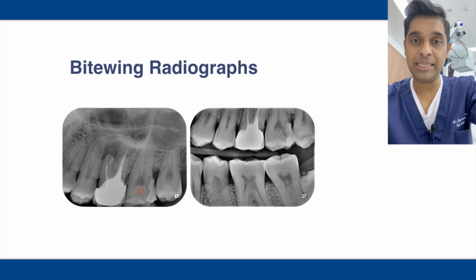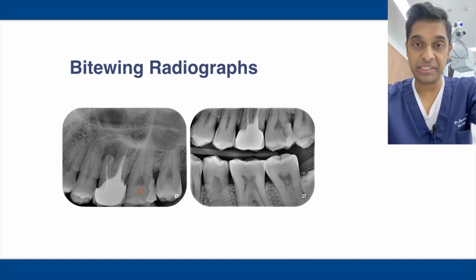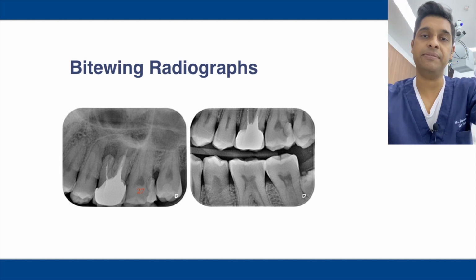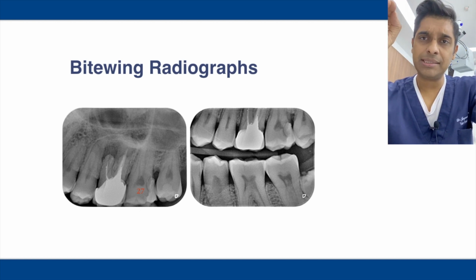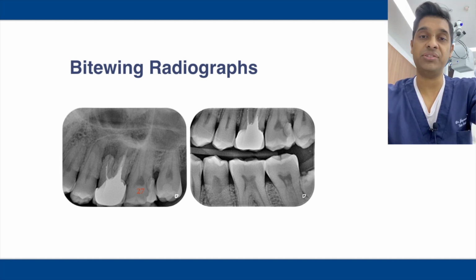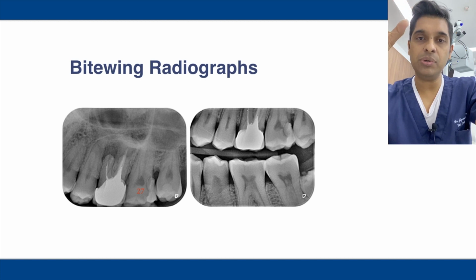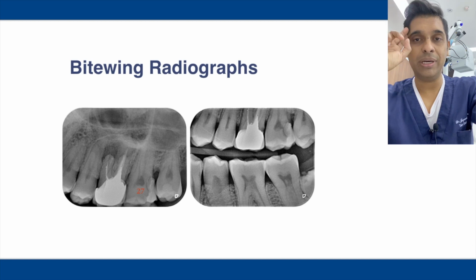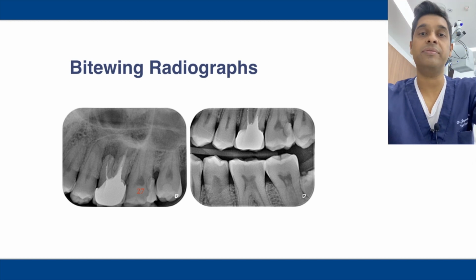You can see this is an x-ray of my patient. The patient came in, and the periapical clearly shows a deep distal decay, a restored tooth, and secondary caries very close to the nerve. This shows a little bit of dentin present between the nerve and the caries, so it gives you a picture as if there is some amount of dentin, and you are thinking of a restorative treatment plan.